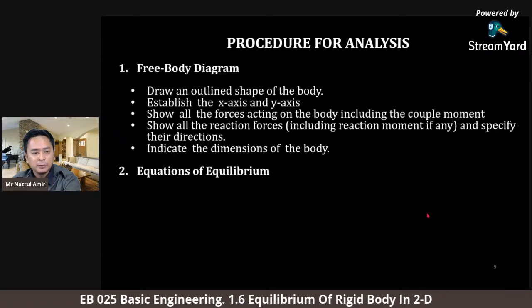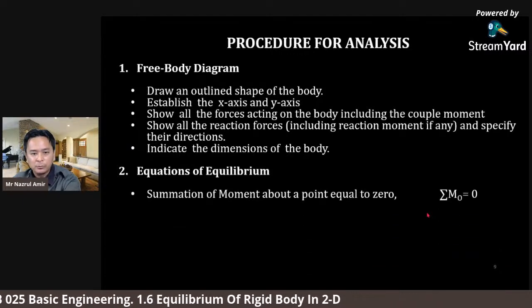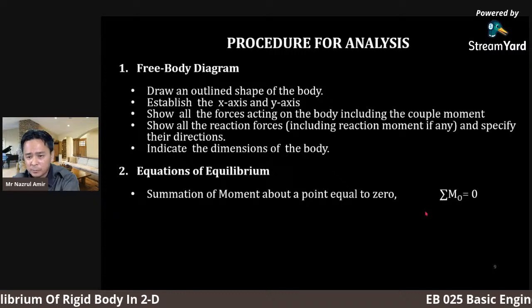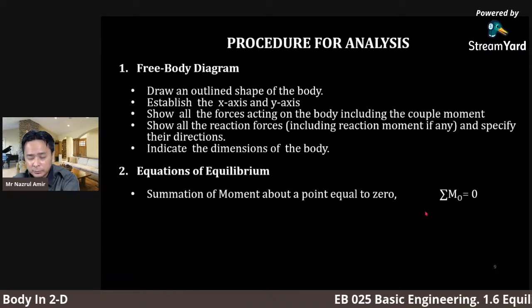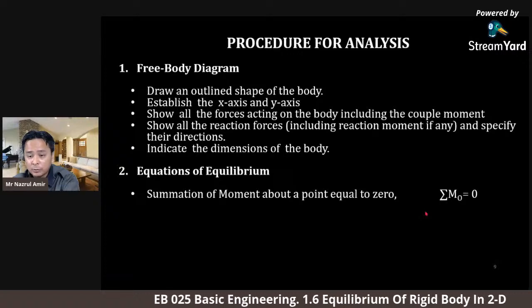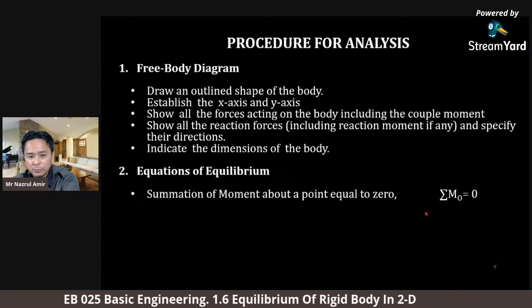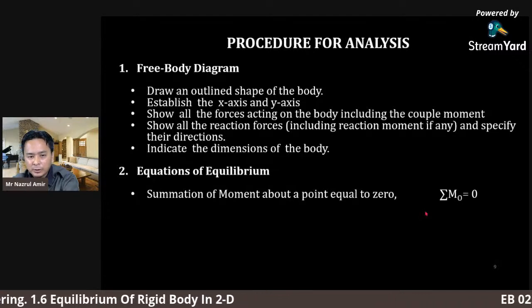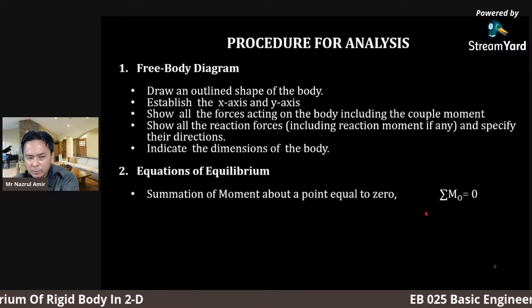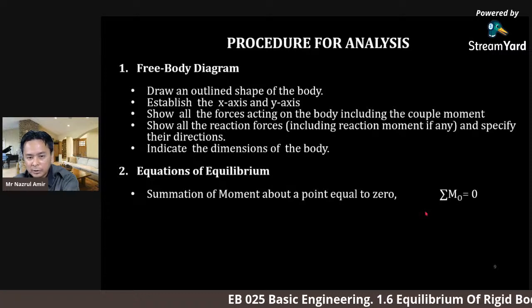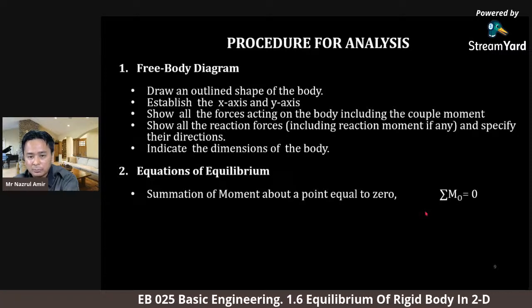The second step is the equations. There are three equations to be used, but normally we will start with the equation of moment. Summation of moment about a point equal to 0 is always used as the first equation, because this equation can solve for unknowns.